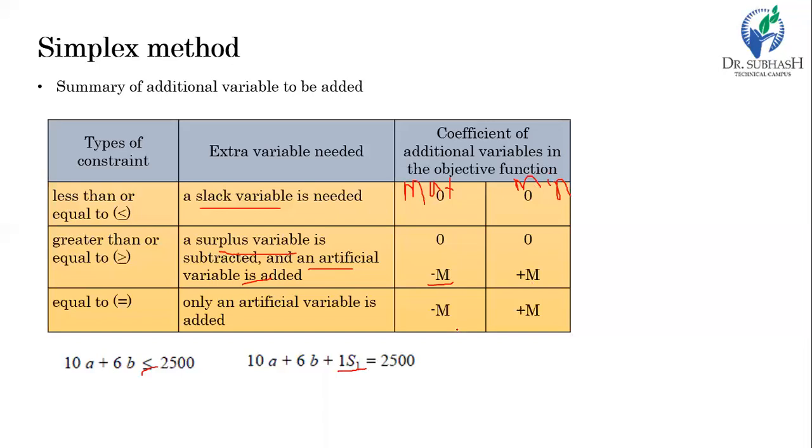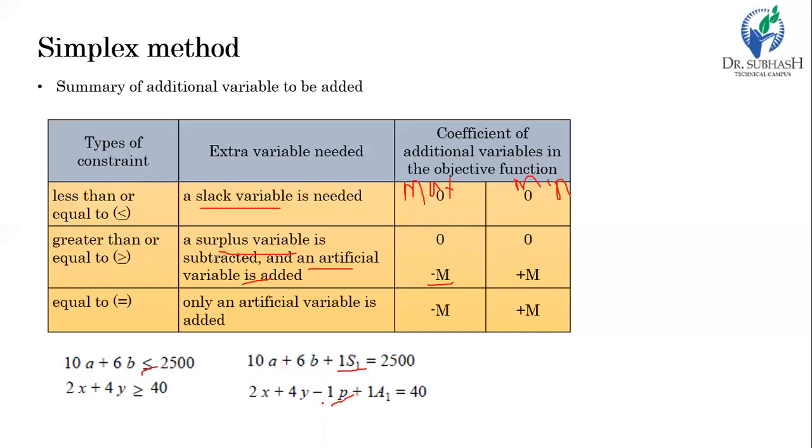We can see this with an example, let's say 2x plus 4y is greater than or equal to 40. So here the constraint is greater than or equal to type. In this case, we will subtract p. Generally s is used, but here p is used for the surplus variable, as in many books. P is a surplus variable here, and it is subtracted from the constraint.